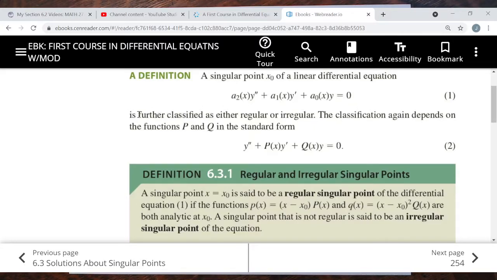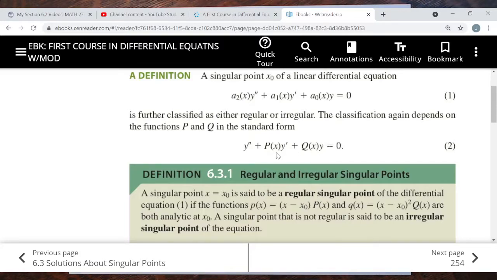So a singular point is further classified as either regular or irregular. The classification again depends on functions p and q in standard form. So this is the standard form for a second order linear equation, where the lead coefficient is 1. So basically you just divide through by this a2 of x. Then you have this function p of x attached to y prime, and q of x attached to y.